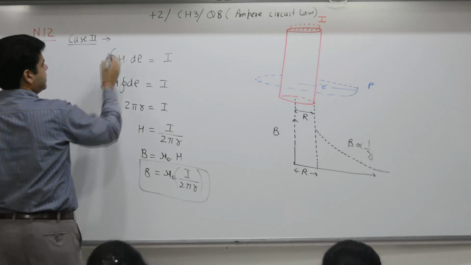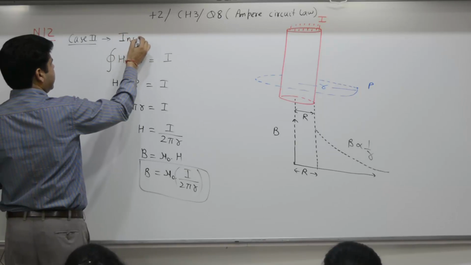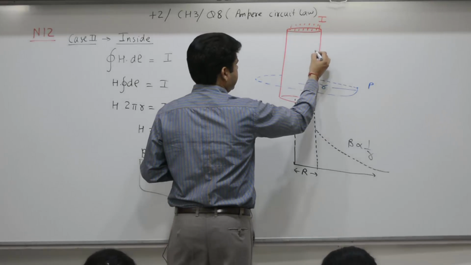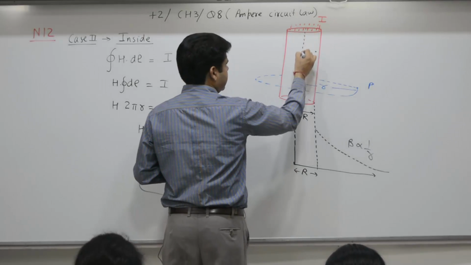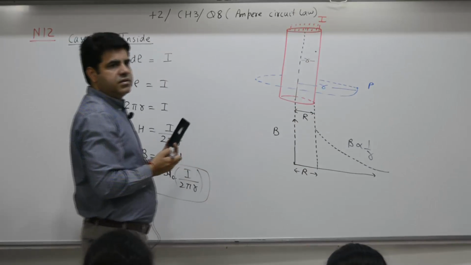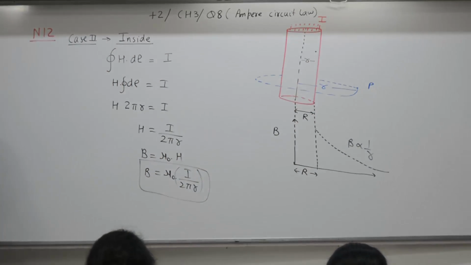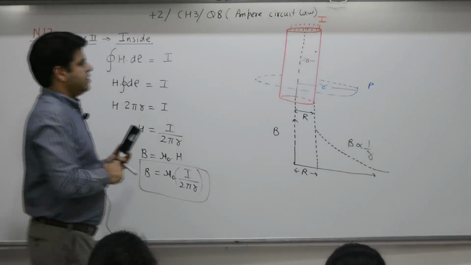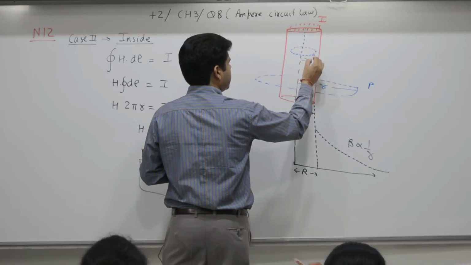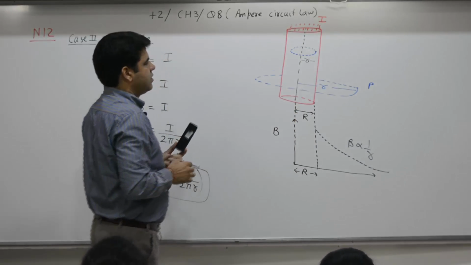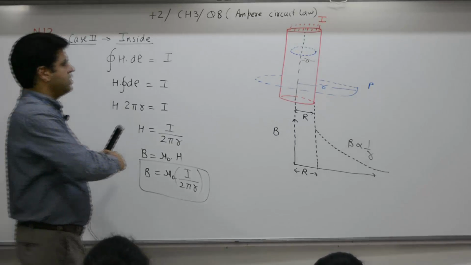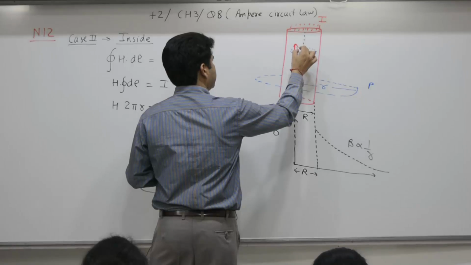Case number 2 is inside. When you say inside, you will have to find somewhere here at a distance r. Inside, again, you will have to think of a loop. If you think of this loop, then you will have to find the current flowing in this part.